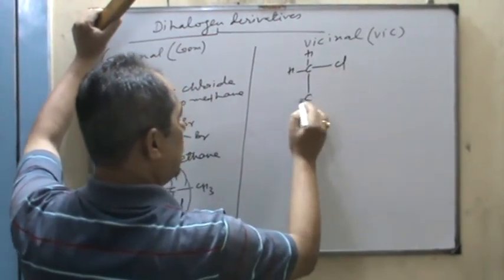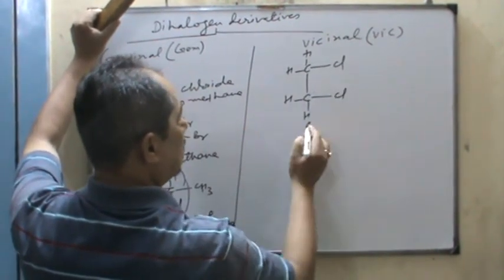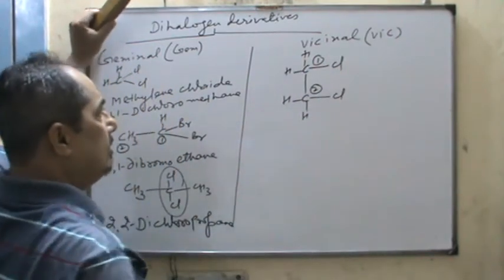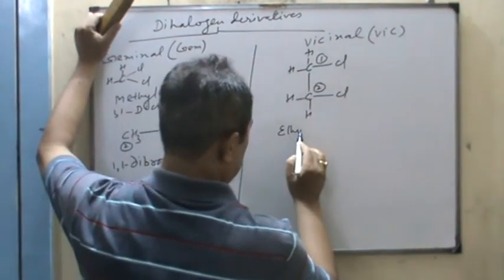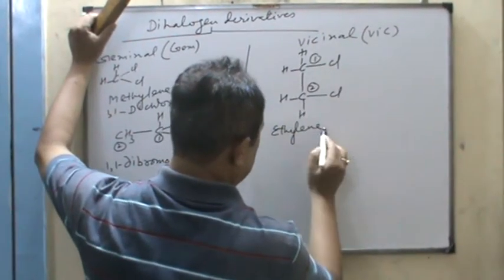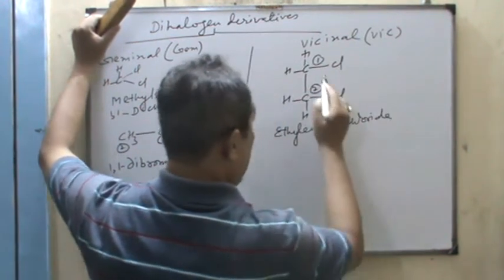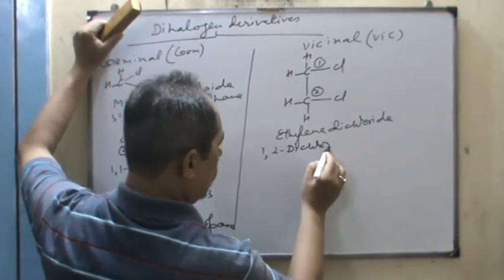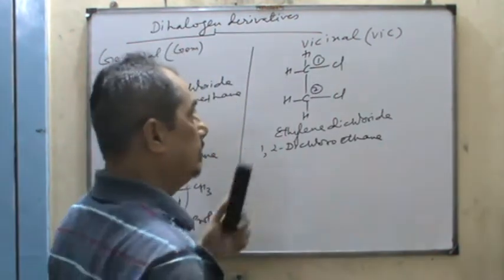Come to the vicinal, CH2Cl and CH2Cl. It is the vicinal. 1 and 2. Ethylene dichloride. In common system, it is called as ethylene dichloride, or in IUPAC system 1, 2 dichloroethane.